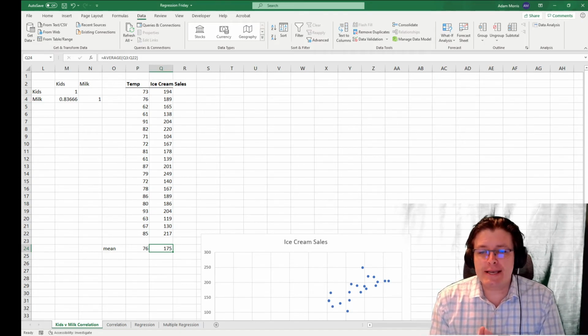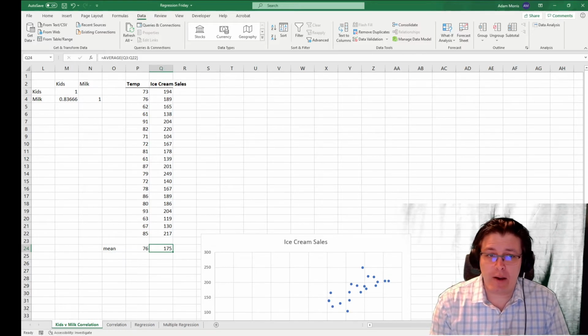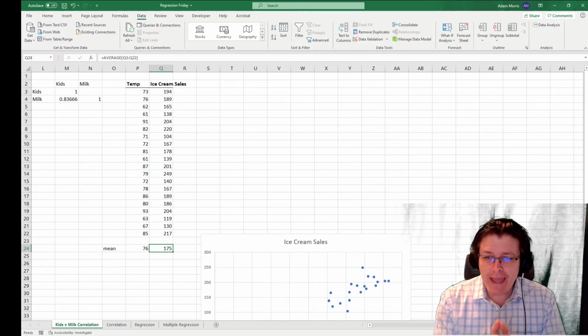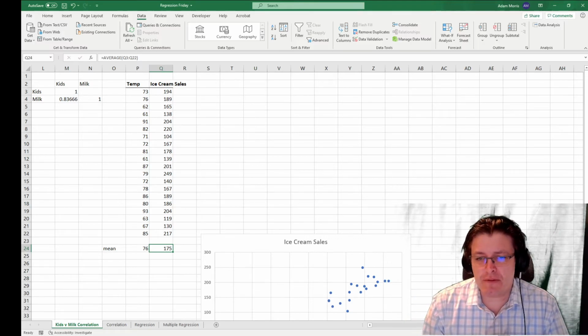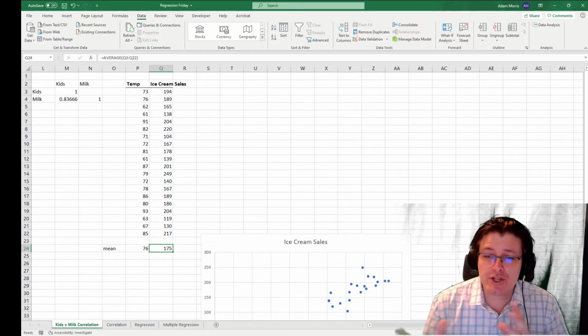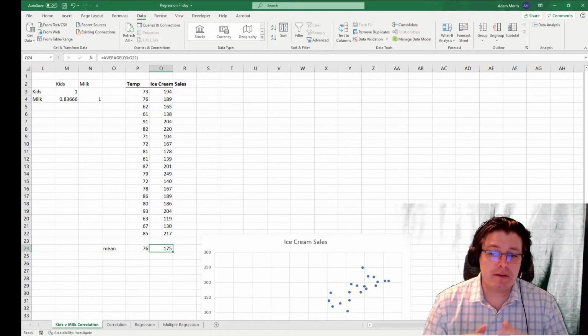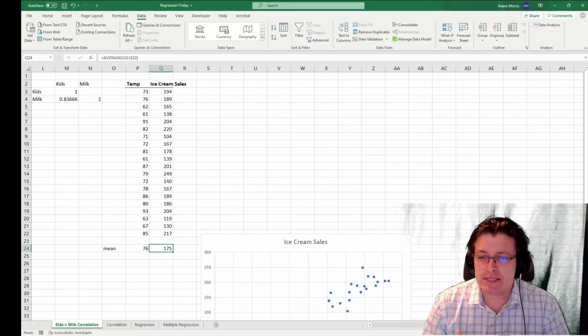So what we're going to see is that regression can help us predict a certain outcome. And that's one of the two big realms that regression is used in: prediction. The other one is that we can sometimes work on teasing out causal relationships. Okay, so in this example, we're not proving that temperature causes ice cream sales.